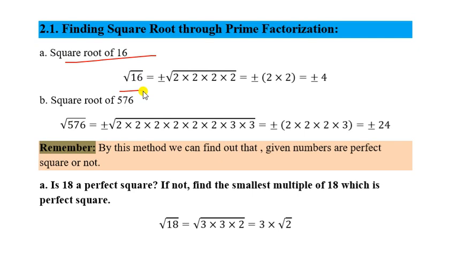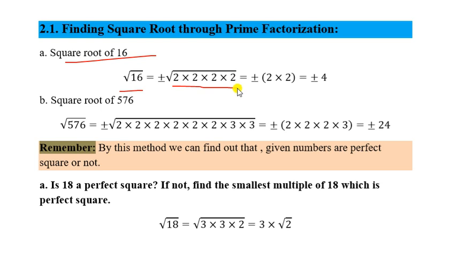That means now we have to factorize our given number, 16. If we factorize, we get 2 into 2 into 2 into 2. Remember that from the square root we can take out prime factors in pair form. That means how many times is 2 present? 4 times.